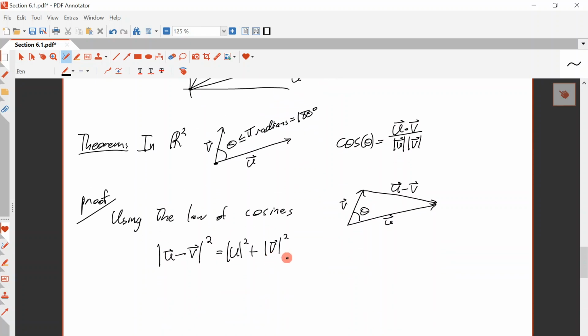So using the law of cosines, this is the Pythagorean theorem when this theta is 90. When theta is not 90, you've got the law of cosines. The length of u minus v squared is length u squared plus length v squared minus 2 length u length v cosine theta when theta is not 90 degrees. When theta is 90 degrees, cosine of theta is 0.